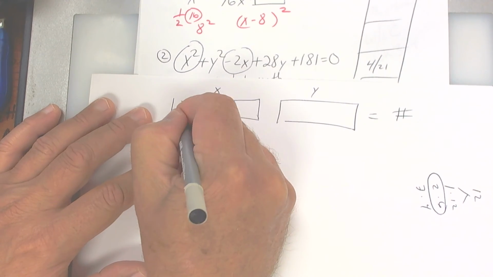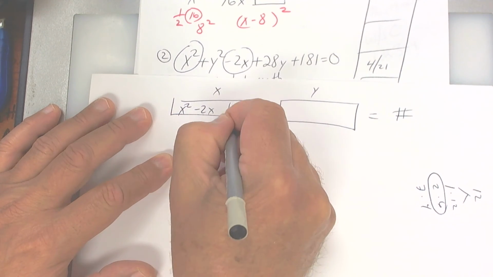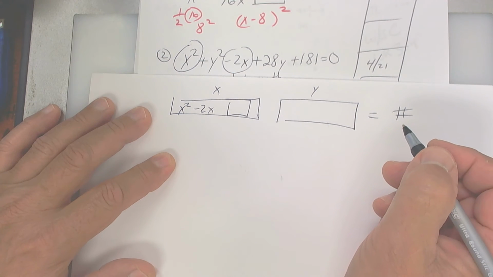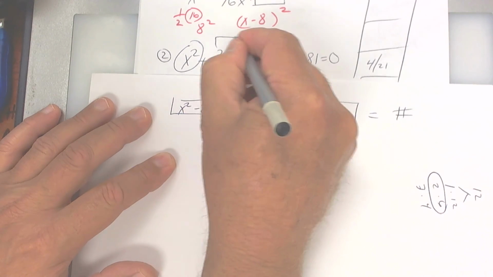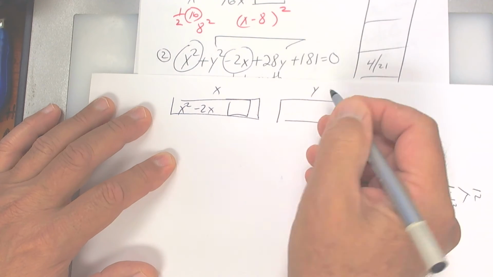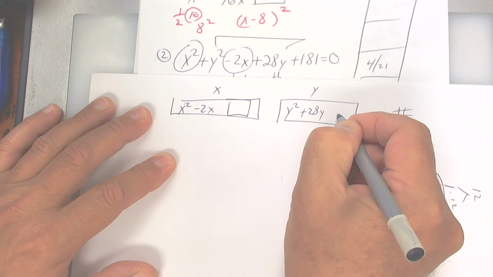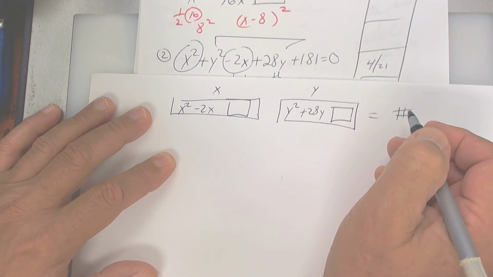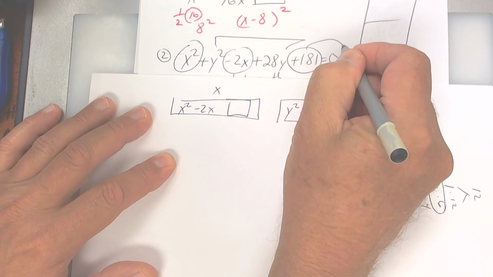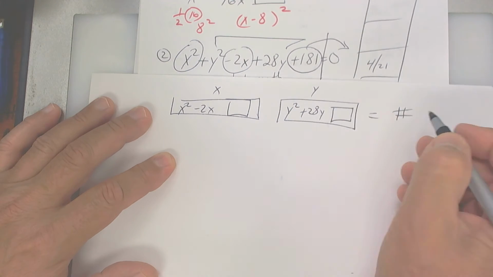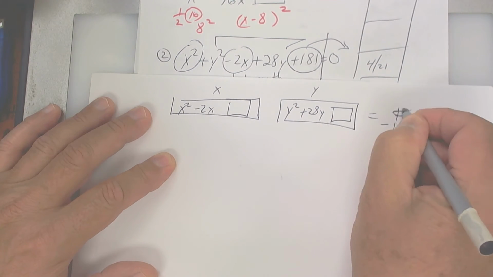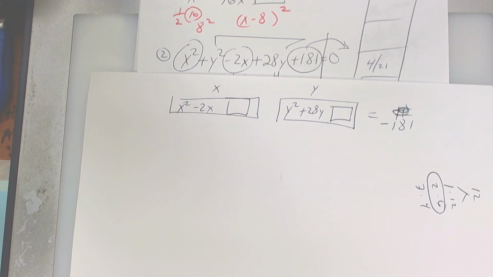So put x squared minus 2x, and then some number. We're going to complete the square. There's my y's. So I'm going to do y squared plus 28y, and then some number is equal to, I'm going to move that 81 to the other side, and it's going to change to a negative 181. Okay? There we are. So we just do half and square. So watch.